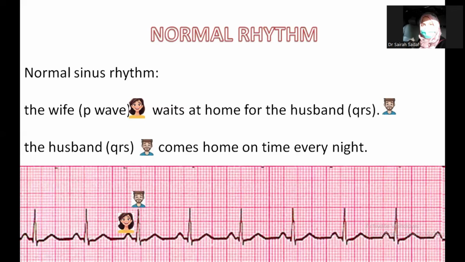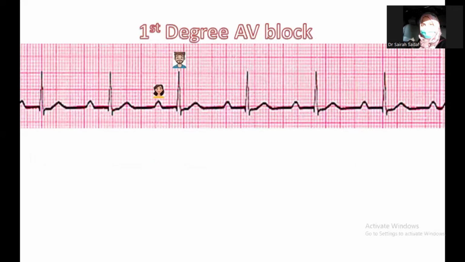The wife is patiently waiting for the husband QRS complex, and he is coming every night at the same time, let's say 8 p.m. Now, first degree AV block. Look at the ECG. It is very self-explanatory when we consider the P wave as the wife and the husband as the QRS complex.